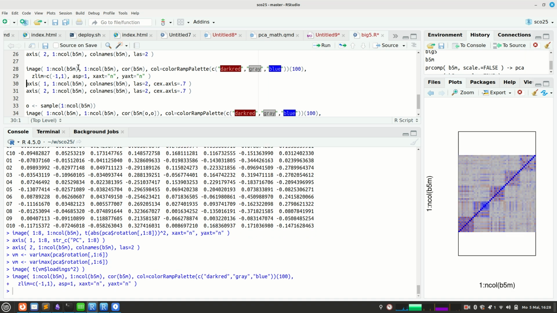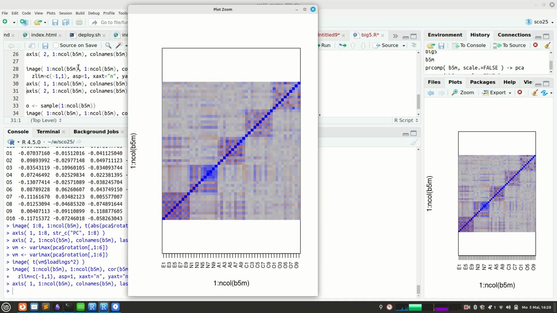And let's look at how this looks. And here is the matrix of correlations. As you can see, we have strong correlation of each question with questions from the same group and weaker with the other ones. You see this checkerboard pattern, which comes from the fact that some of the questions are inverted, so the correlation is negative. Now, if you look at this, you might say, why didn't we need all this PCA?